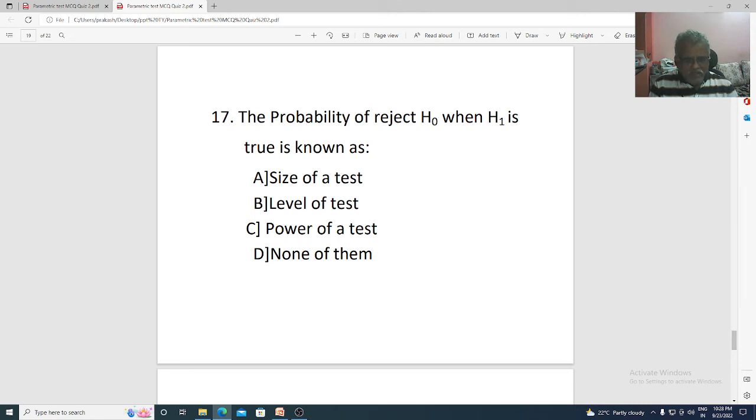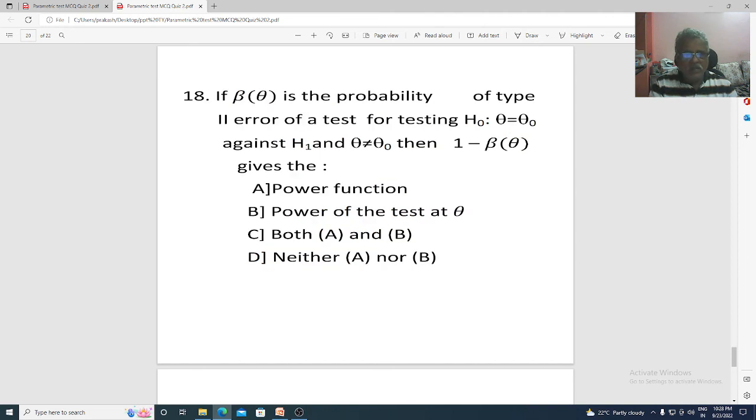Question 17. The probability of rejecting H0 when H1 is true is known as size of a test, level of test, power of a test, and none of them. Then the correct option is power of a test. Question number 18.